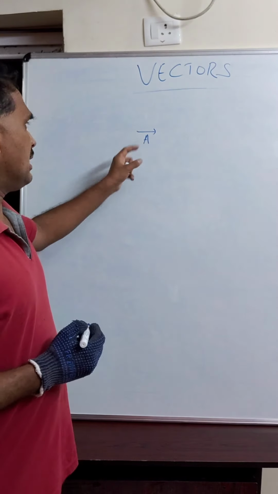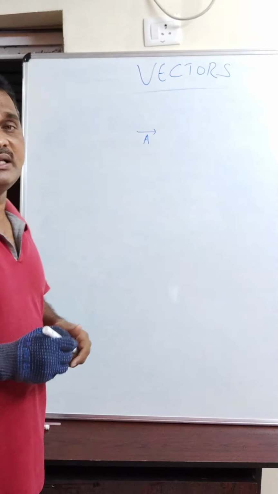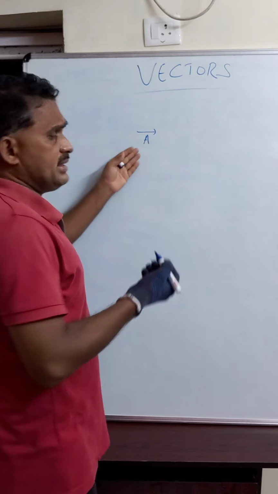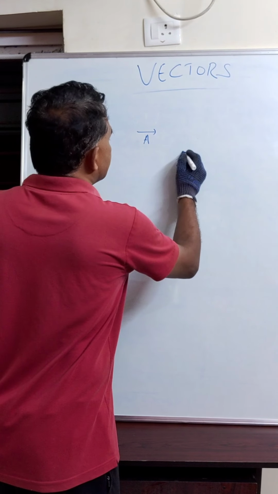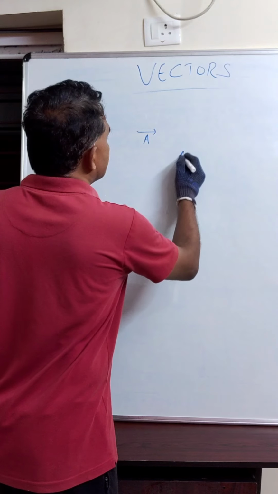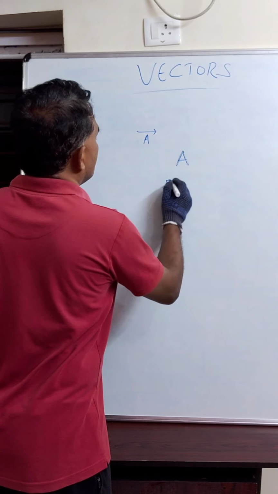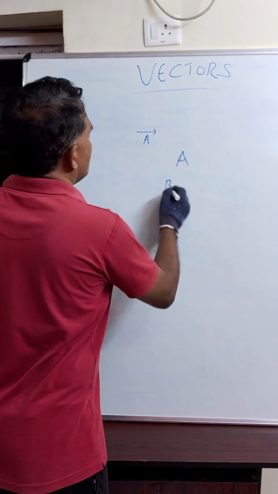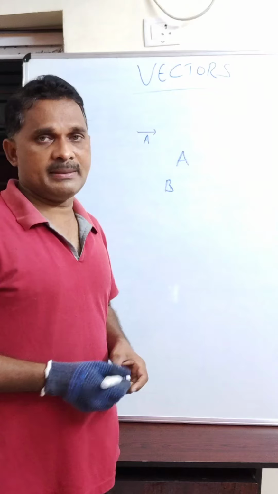Otherwise, in textbooks, generally they write in bold letters, like R. In this way, they represent vectors.